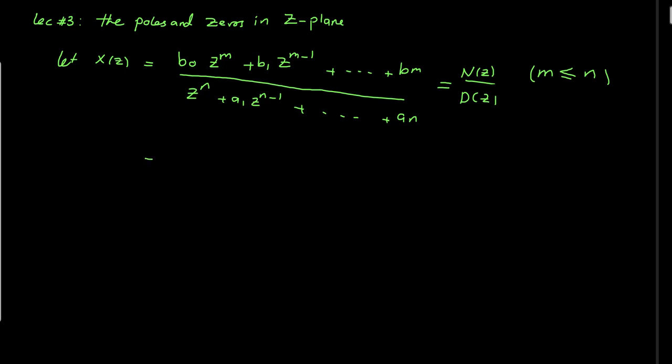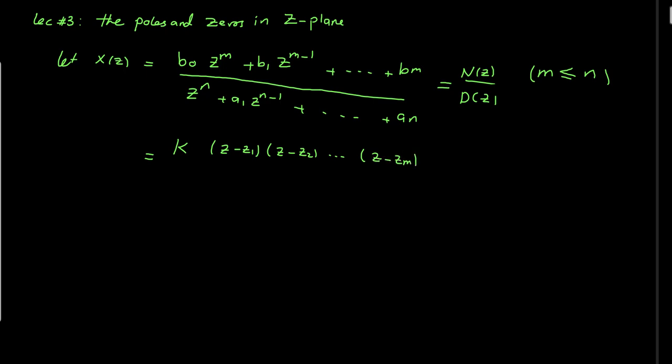Now we can write X(z) in terms of multiplication of the zeros and the poles, such that a certain gain times (z minus z1) multiplied by (z minus z2) until I have (z minus zm).